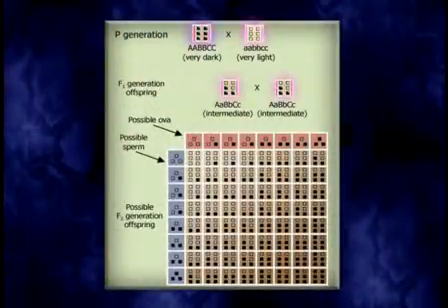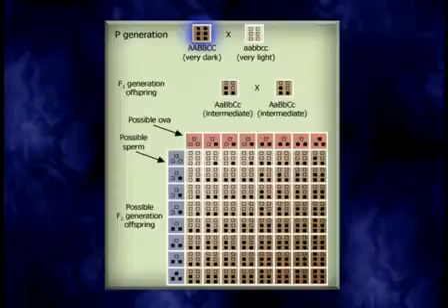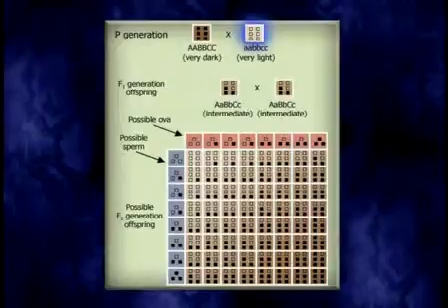And if you got this generation of darkness, all of them being the dark skin, you'd have very, very dark skin. Here you'd have very, very light skin or hair, it doesn't matter. And then if you break these up into the 3s, you can get all these different combinations.